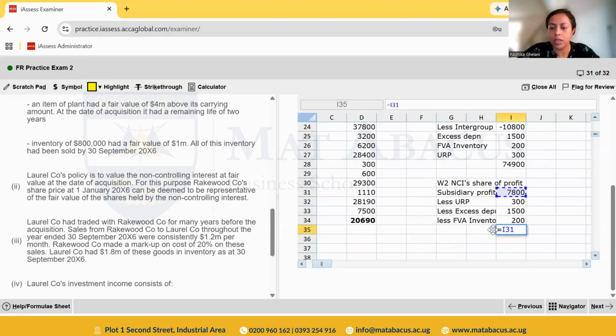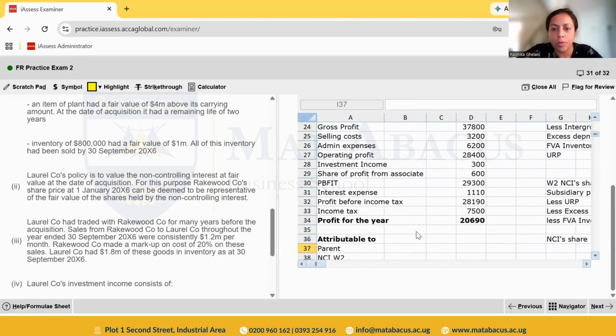So 7,800 minus 300 minus 1,500 minus 200 gives us the adjusted profit of the subsidiary, and from that we simply get the NCI share, which is 40% of that amount. 40% times 5,800 gives us 2320.